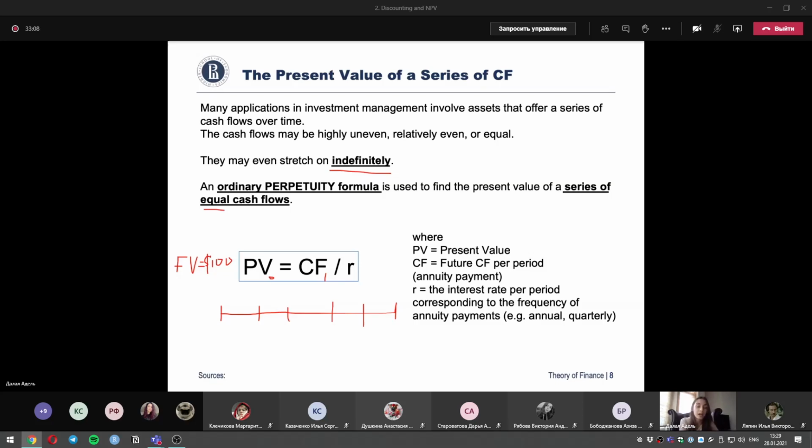For example, by buying this bond for $100, we lend to the issuer of the bond this $100. We give our $100 in order to get this bond, to get this promise. And then we receive coupon payments, cash flows every period, every year, let's say over 5 years.